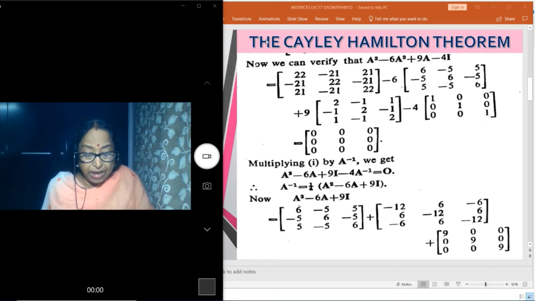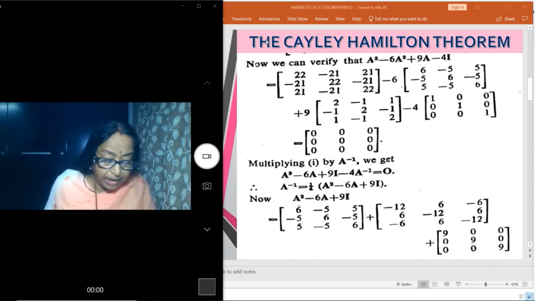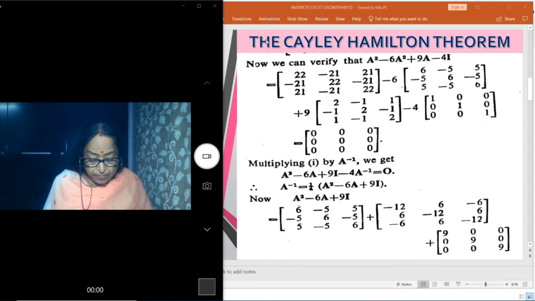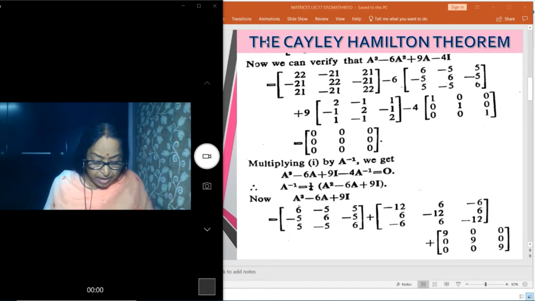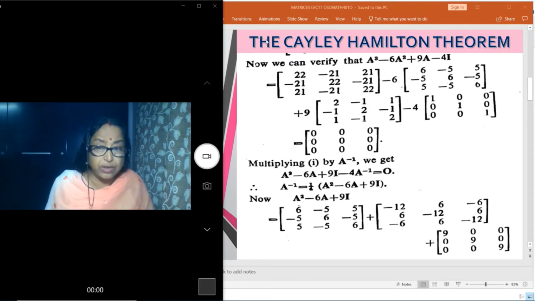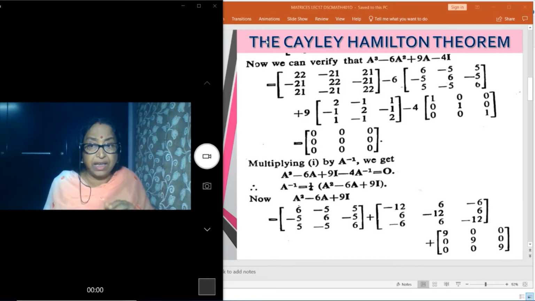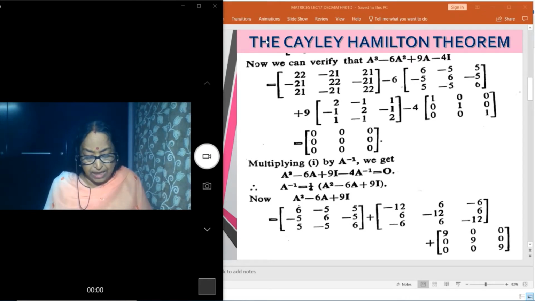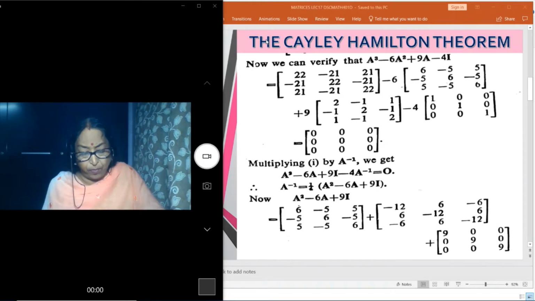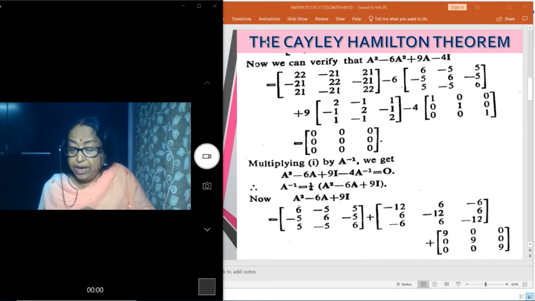Now, if we multiply equation 1 by A inverse, then we get A square minus 6A plus 9I minus 4A inverse. Taking 4A inverse on the right side, A square minus 6A plus 9I, and then dividing by 4, we get the value of A inverse.